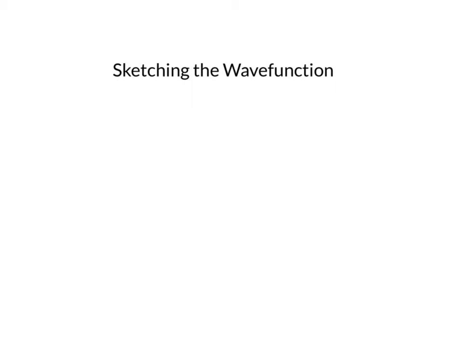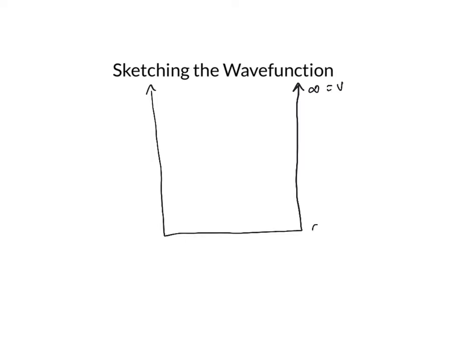The first thing is that we sketch the potential energy function. For our particle in a box, it looks like this, and that's going to give us our potential energy. Then we draw, as we have been doing, the possibilities for the total energy on this same axis.